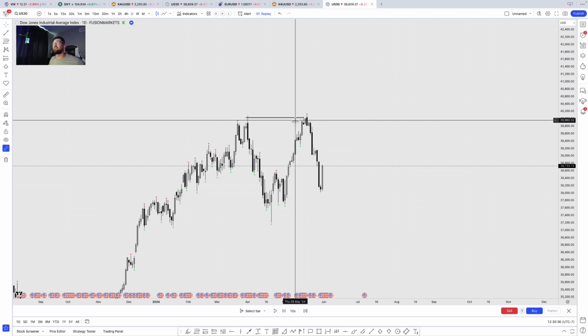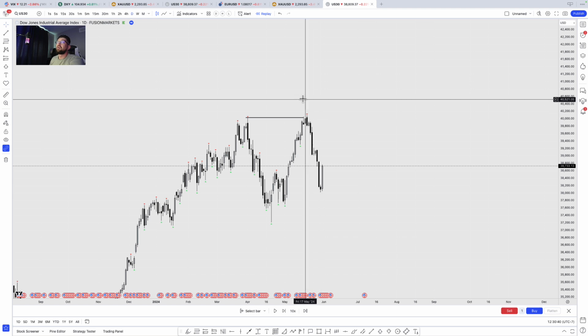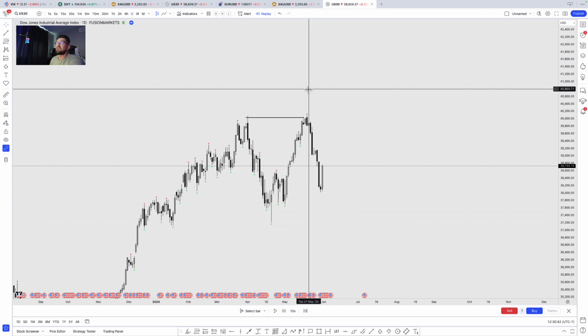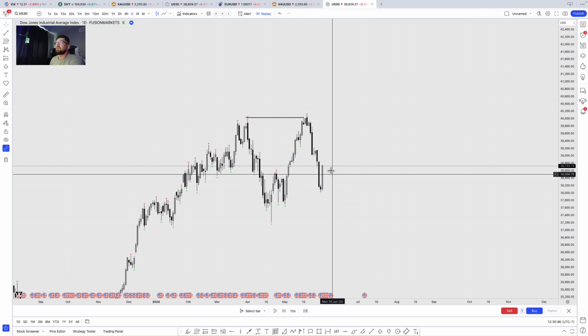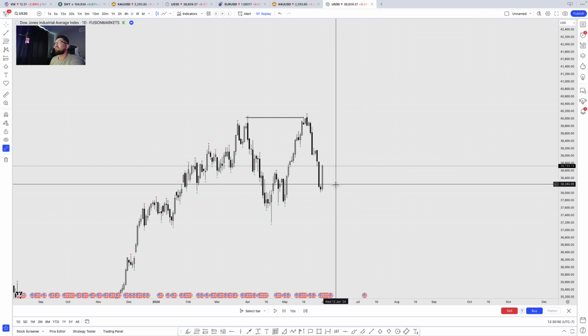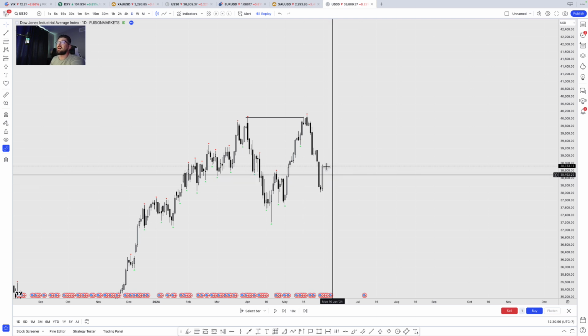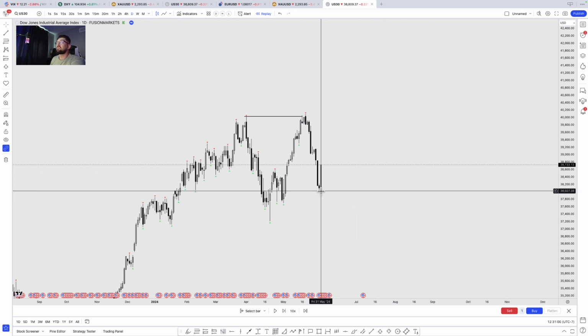And sometimes the pullback is fueled by institutions taking profits. In most cases, it's going to be profit taking. So fundamentally right now, we're waiting for the Fed to decide if they're going to cut rates or not. I'll touch on that after I show you guys the trades. But at this point, we can actually go one more day.